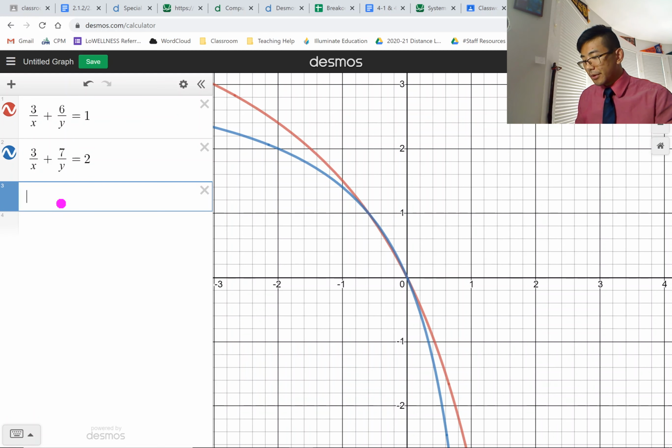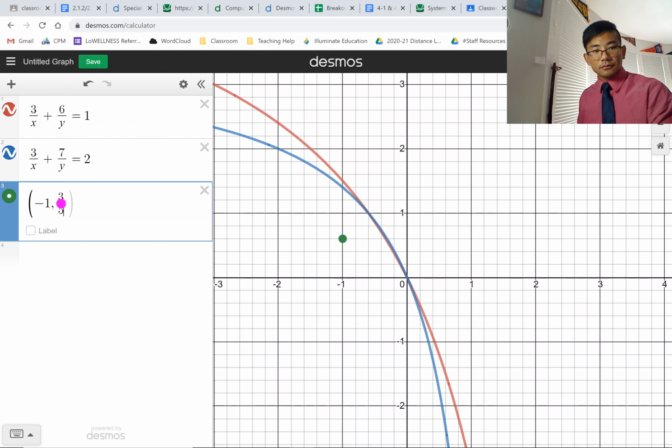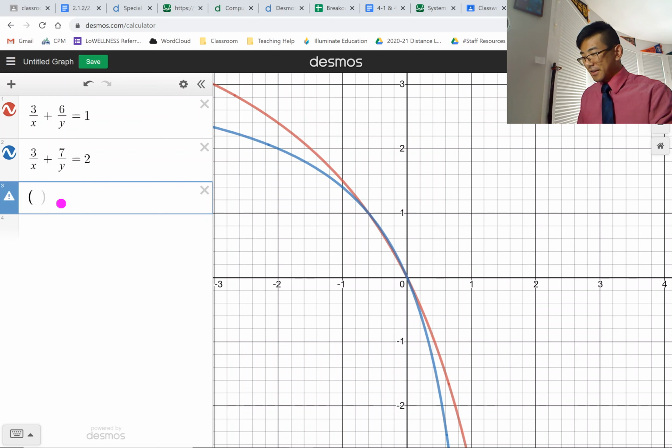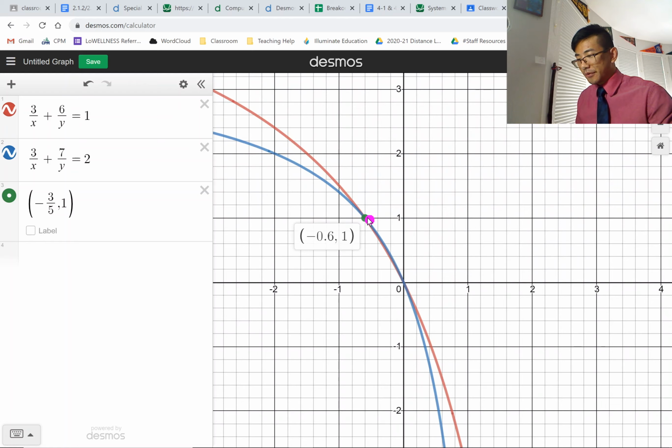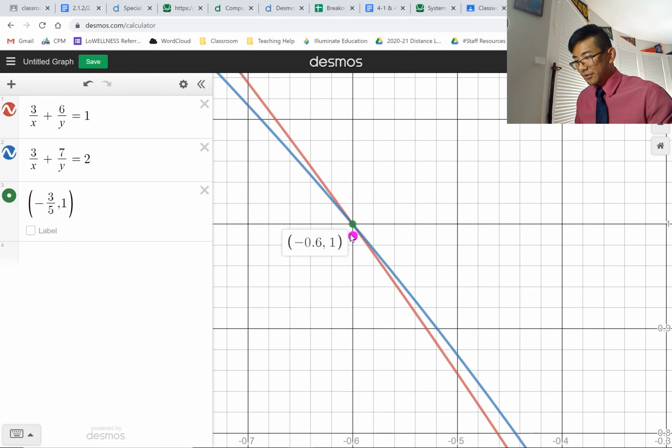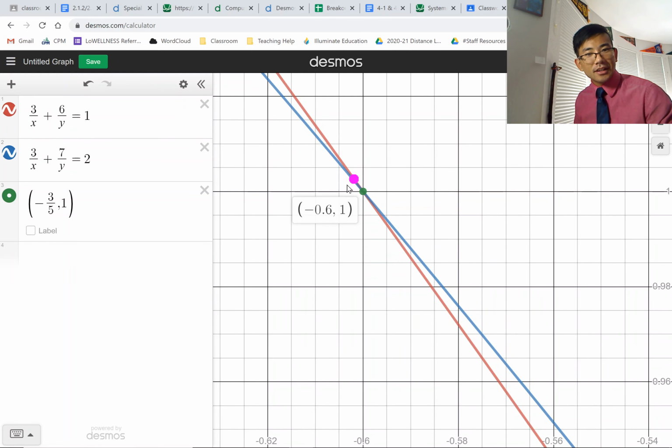But if I plop in our point, negative 3/5, comma 1, sorry, I had it backwards before, we can see that that is actually where they cross. It's a little hard to see because we're so zoomed out, but if I really zoom in, you can definitely see that's where they cross.